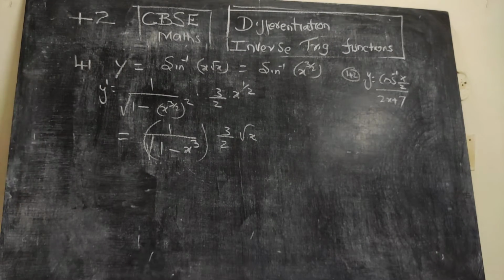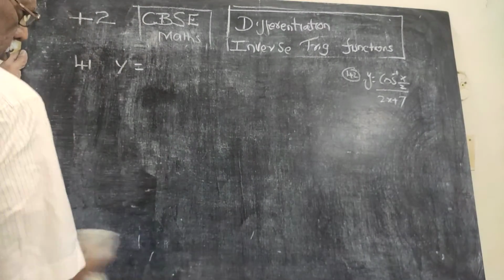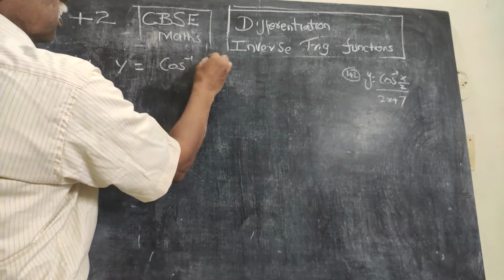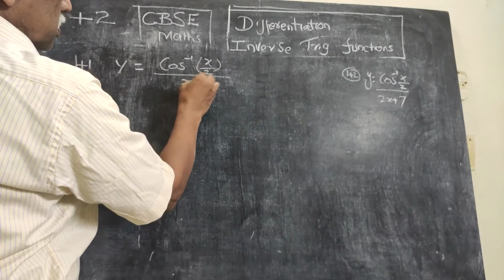Now question number 42. Y equal to cos inverse of x by 2, the whole thing divided by 2x plus 7.